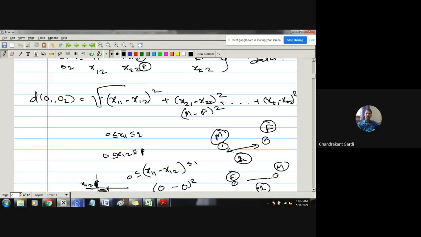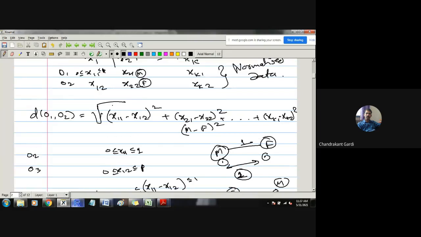Therefore simply, if the given categorical variable takes two values, then the difference between these two values will be taken to be 1. And suppose there are two observations, O2 and O3, and both are female observations. So considering gender as a variable, they are not distinct from each other in gender space.